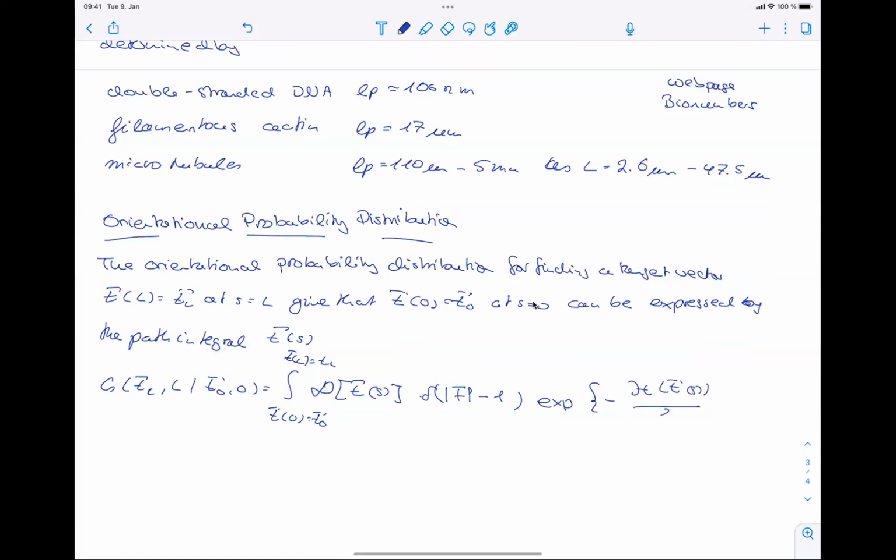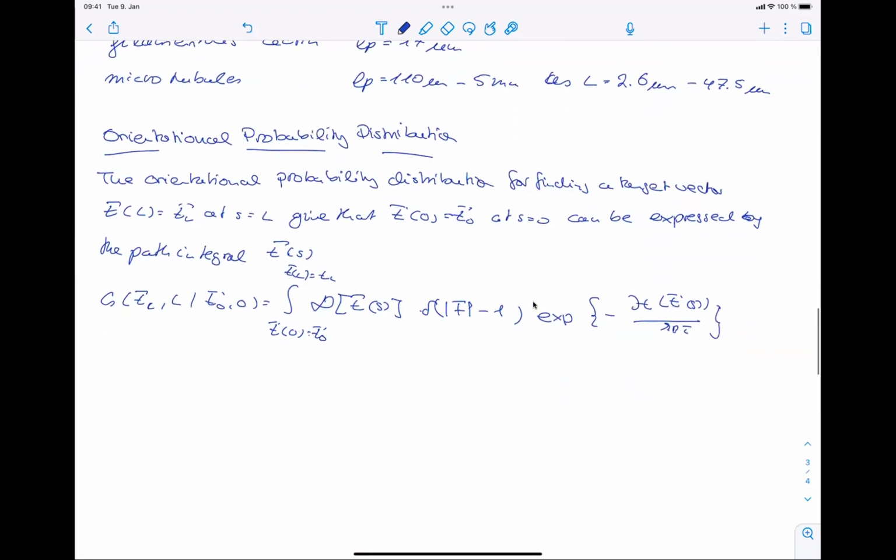So unfolding the same magic as we had for the Gaussian chains, where obviously this is explicitly minus kappa over kBT times dT/ds squared. That's correct.